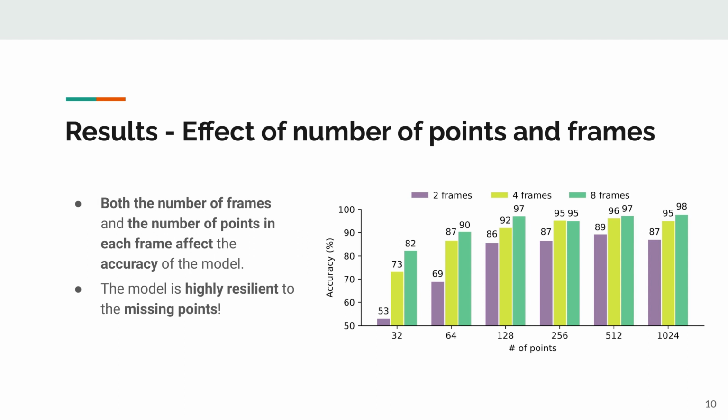By reducing the number of points from 1024 to 32, which is almost 97% of the input size, we only lose 16% accuracy. These results suggest that the model is highly resilient to the missing points. But what's the reason behind that? We will discuss it in the next slide.